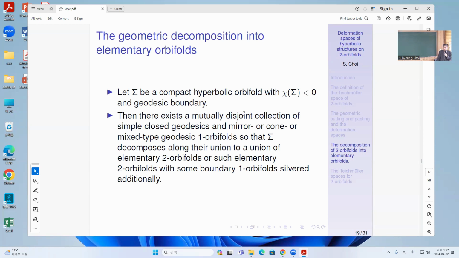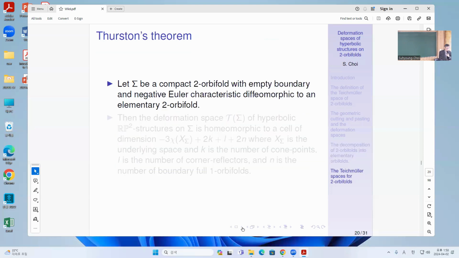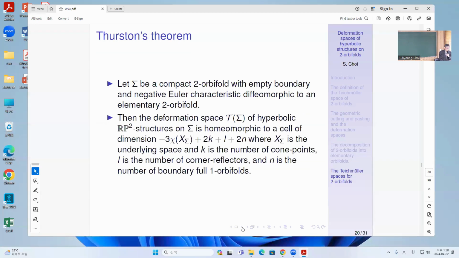Those are the only possibilities. You can show that.